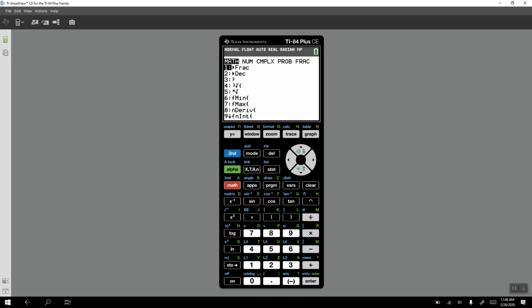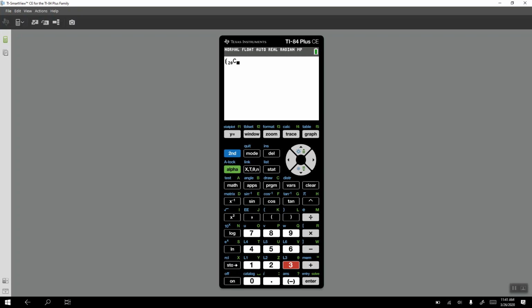So right now we're under math, so we're going to tab on the right arrow. That bypasses number and then complex, and then we go one more for probability. Here we go. Notice the third one down, number 3, that's the one that says nCr. That's the one that we want to use. So I'm going to go down by 3, or you can simply select the number 3 and it automatically chooses it.